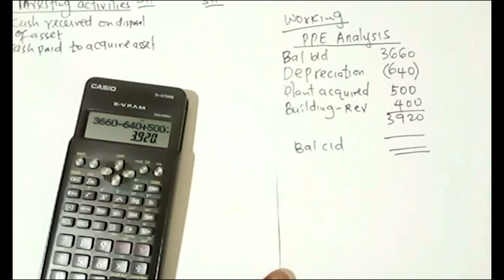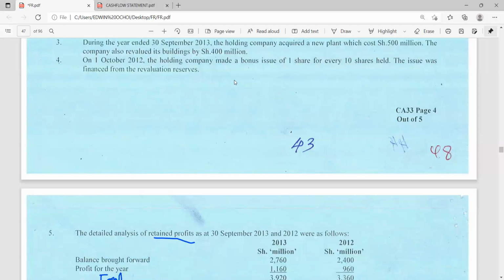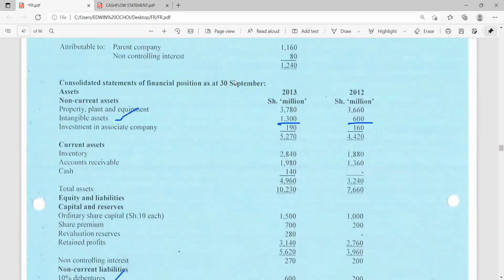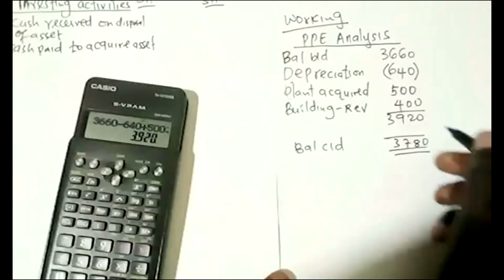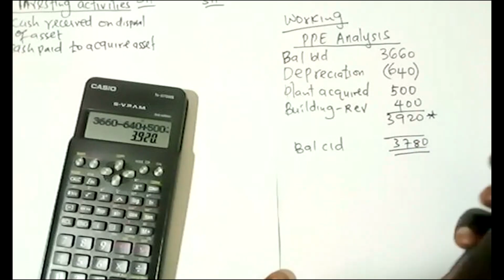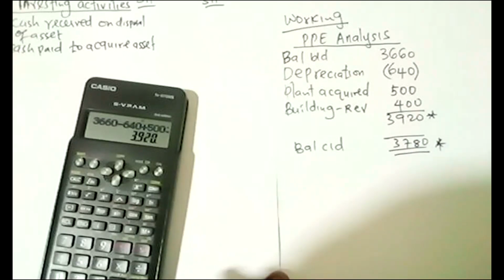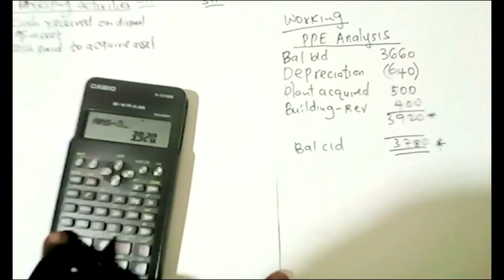So what about the balance carried down of the PPE? The property, plant, and equipment balance carried down is 37.80. So you can see there's a reduction from 39.20 to 37.80, which means that there was a disposal. That is why there's a reduction.